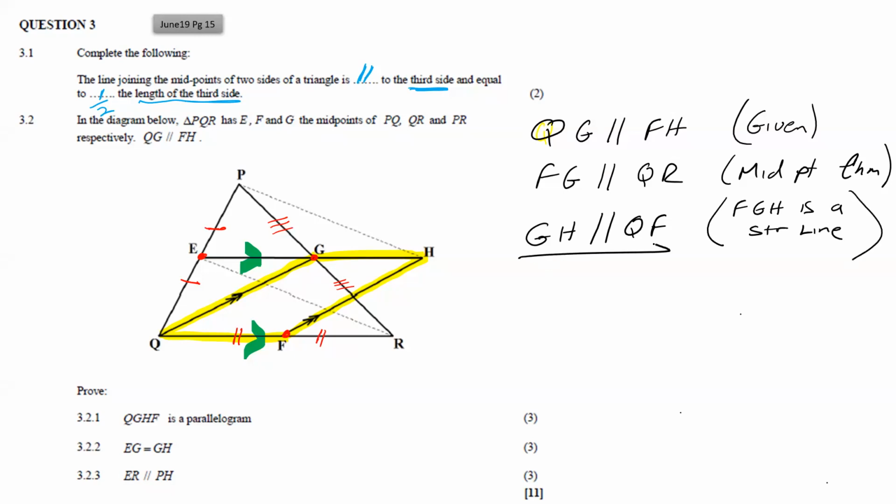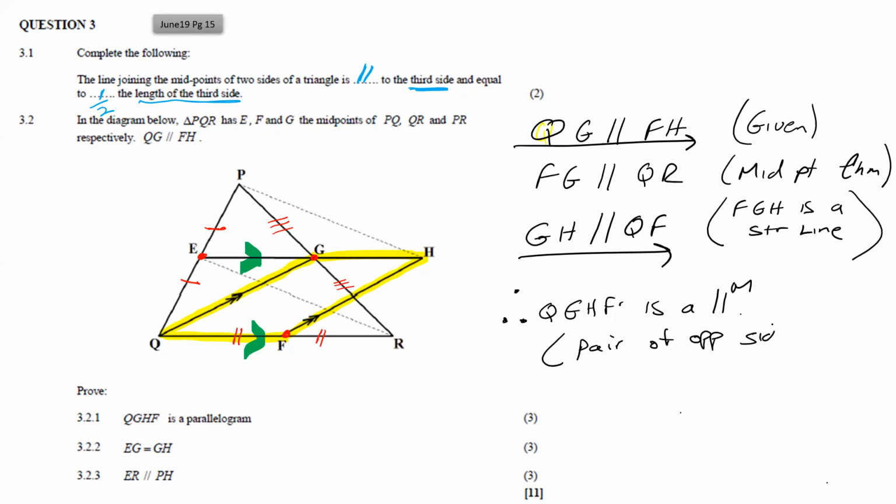And now that we proved GH is parallel to QF, and we know that QG is parallel to FH, I'm just highlighting it for the reader. Therefore, we can now conclude that QGHF is a parallelogram, and we would need a reason. And the reason is pair of opposite sides are equal and parallel. And that is our 3 marks that we get.